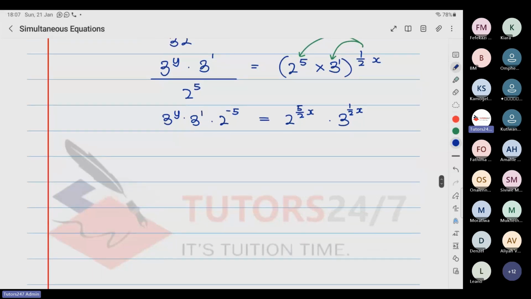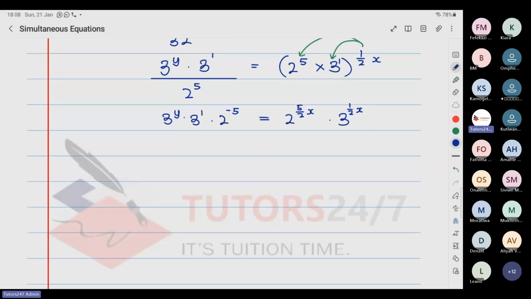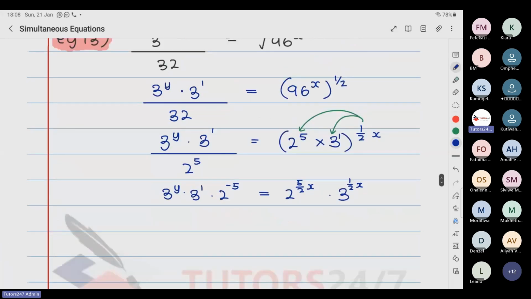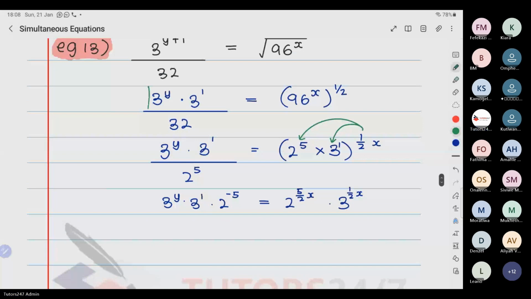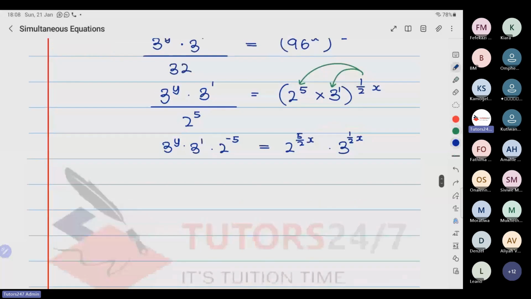I'm going to make all of the bases of 3 equal to one another and all of the bases of 2 equal to one another. So if you want to do that, right, take note that we could have kept this the same. This 3 to the power y, we could have kept it as 3 to the power y plus 1. Technically, we didn't really need to change that one, okay?